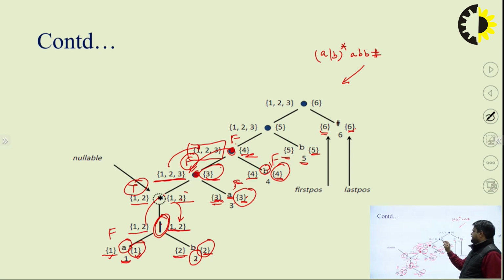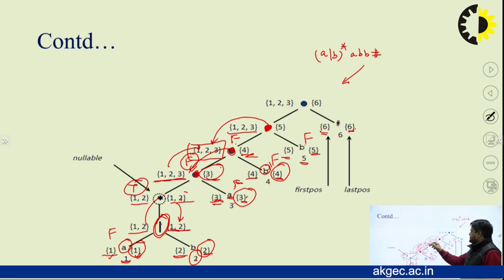Once again you will come here for computations. So what happens? Is this value true or false, nullable or not? I earlier told you this is a false value, right? Because it is a terminal. Now you will compute the value. The first position value of this one will be dependent on this one, so you will directly copy it because it is not nullable.